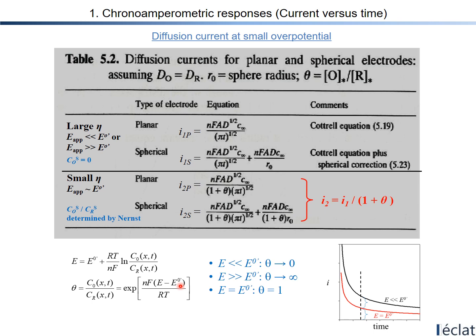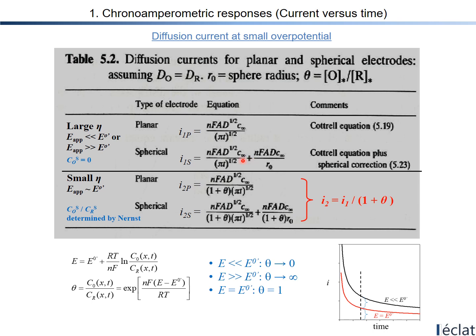Then, what is the main difference between the first group and the second group, or the large overpotential case and small overpotential case? The only thing we can recognize is that 1 plus zeta term. Here, the first group equation, and in the second group, the same divided by 1 plus zeta.